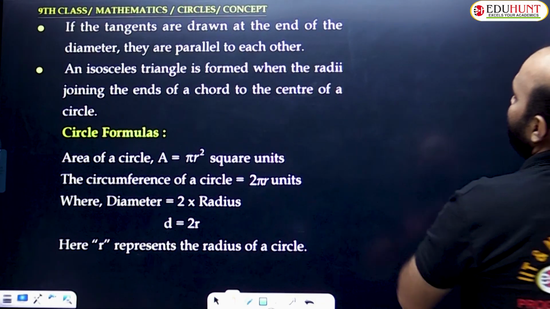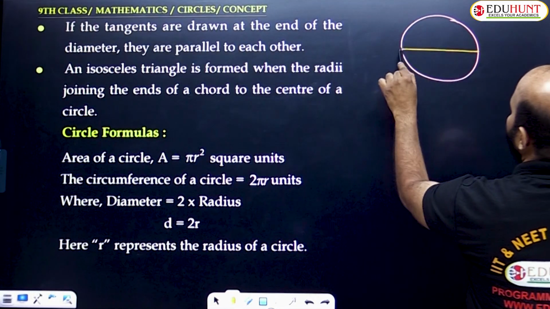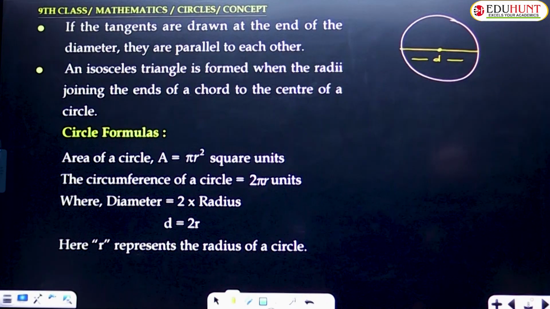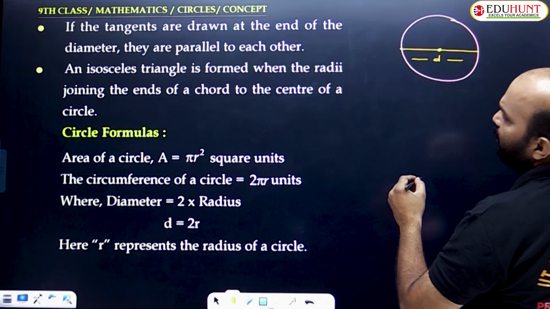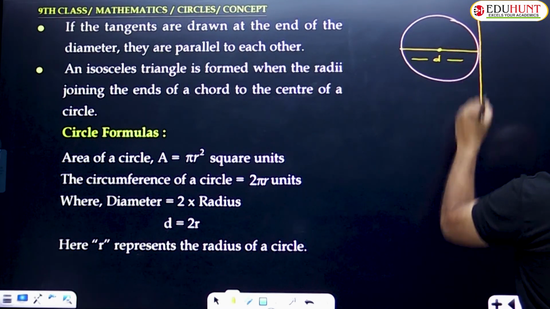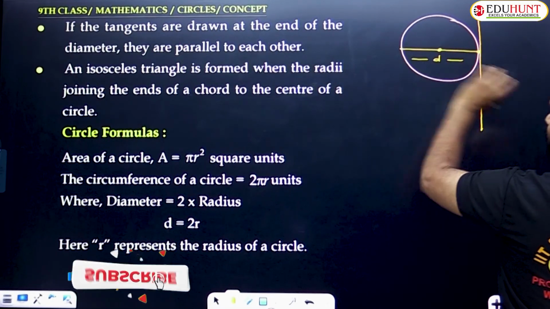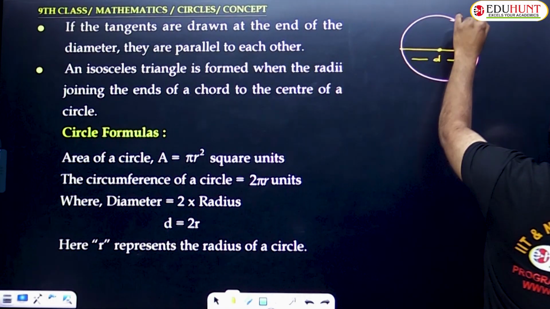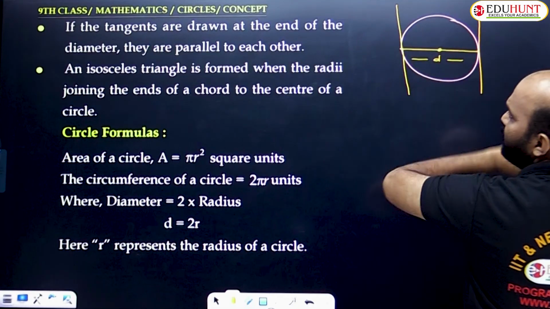For example, this is a circle and this is a diameter, which passes through the center. A tangent touches the circumference of the circle at a single point. The two tangents drawn at the ends of the diameter are parallel.